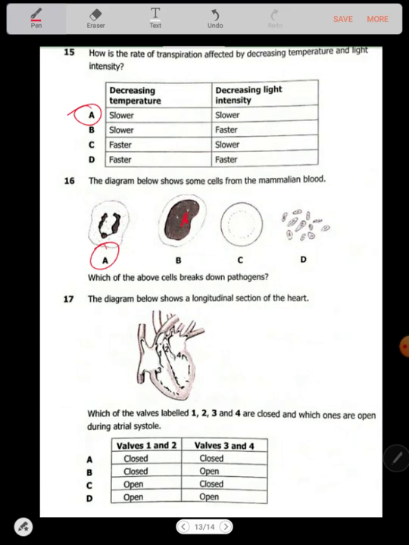Why should 2 close? Because as blood is coming out of here, this must close to prevent the backflow of blood this side, while this one is also closed. That means 4 must open, even 3 must open, because blood is coming in now to go out. So the answer there is B.